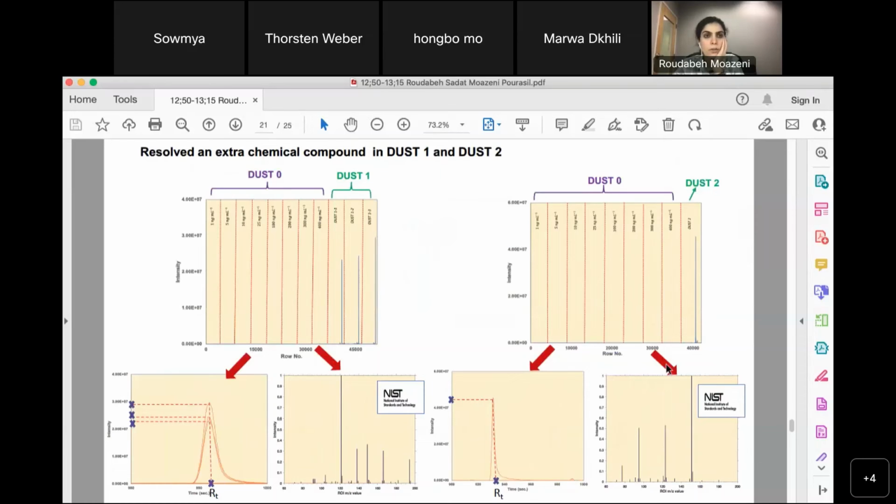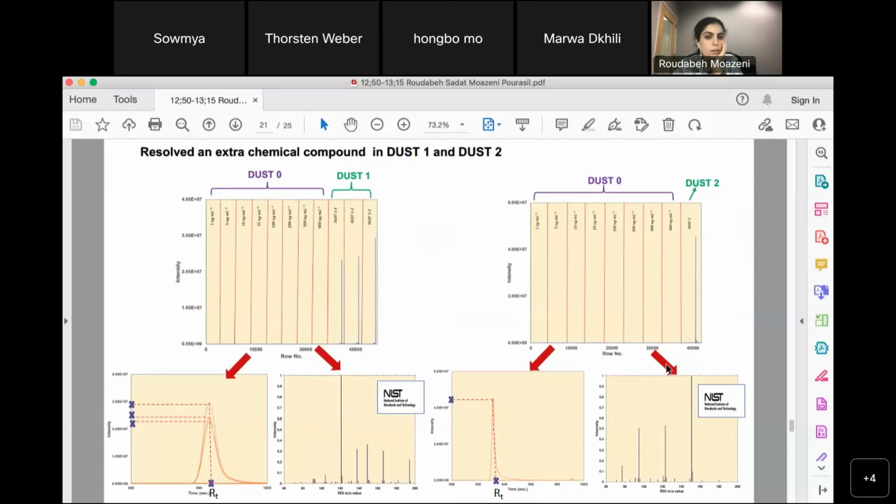As I said, in real dust samples, we have more chemical compounds than in the synthetic sample. Here you can see the resolved elution profile for augmented dust 0 and dust 1 on the left, and dust 0 and dust 2 on the right. As you see, the resolved peaks don't exist in dust 0.